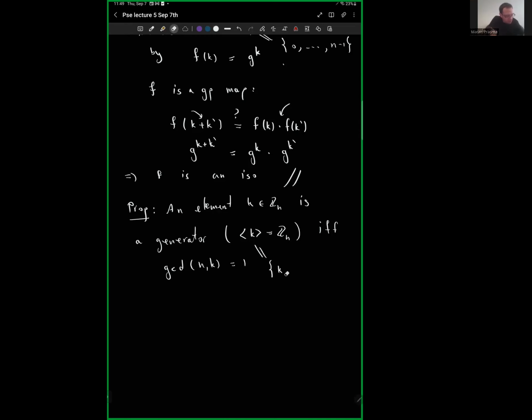So that yes, go on. So that means if you pick, I don't know, a random number inside of integers modulo n, this is a generator if and only if there's no other number within integers modulo n such that this can be divided by any of the others. Does this make sense? Like you kind of need to make sure that this doesn't fall in a subgroup or something like that.